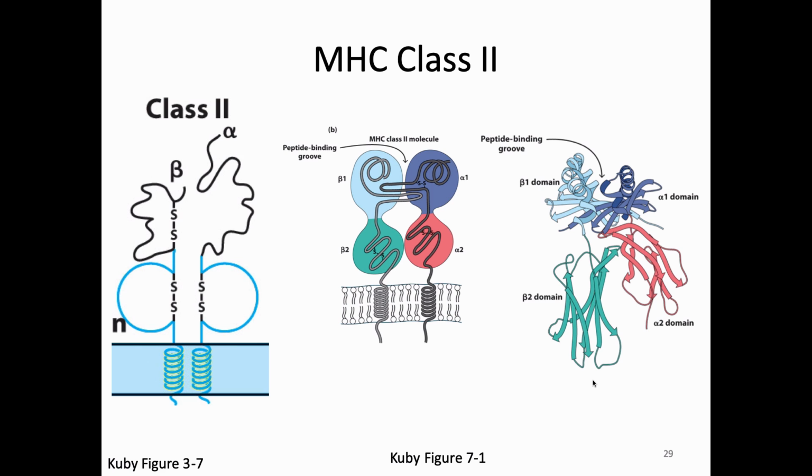And again, we have these nice beta sheets with the 2 alpha helices as sort of cylinders where we're going to enclose our peptide. So big differences here is that we do have 2 proteins, but they are similar in size. The peptide binding groove comes from the 2 of them instead of just being part of the 1 alpha chain. We've got 2 transmembrane domains.